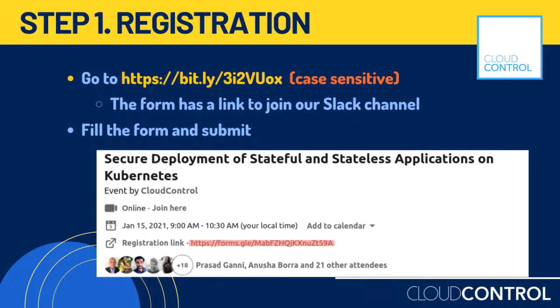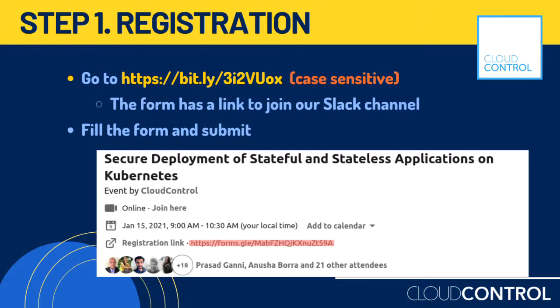When you are filling the form, there is also a link for the Slack sign up. All our instructions and interactions will go in Slack, so there is a link in the form to join the Slack. Before you submit, please enter all the fields and click on the link to sign up on our Slack channel. Our team is already in Slack, so they can help you with the steps, and as we go through this, you'll be able to seek any help or ask any questions through Slack.